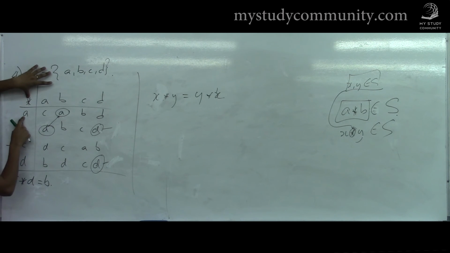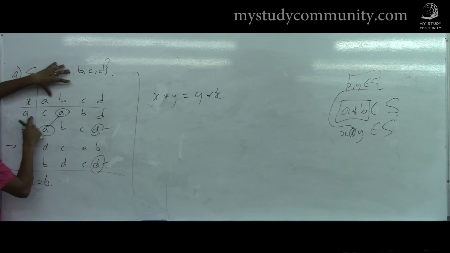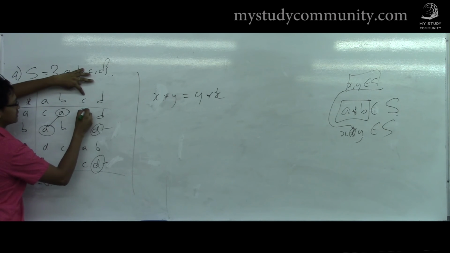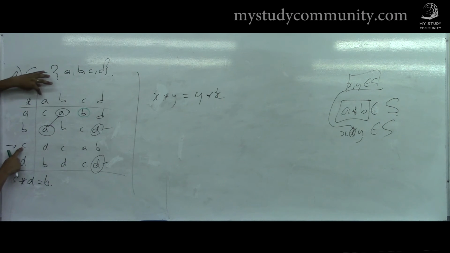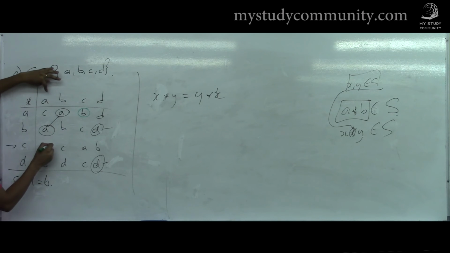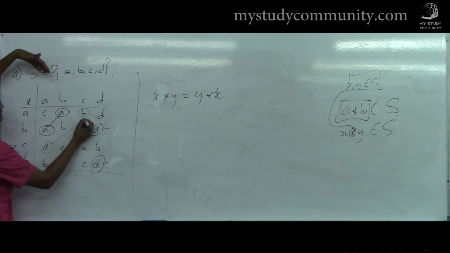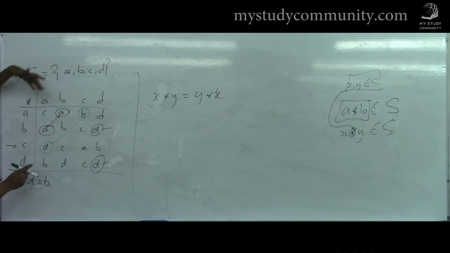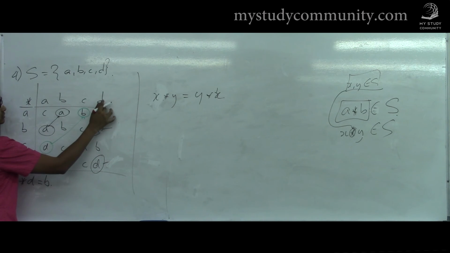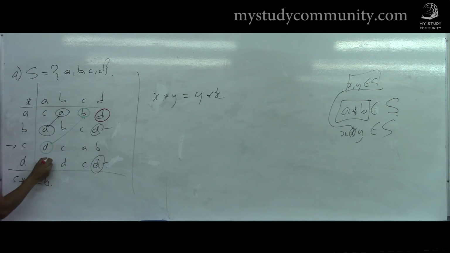A star C is which element? This element, yes? And C star A is this element, right? So I would have wanted to show that this element is the same as this element, yes? A star D is what? Here. And D star A is here.